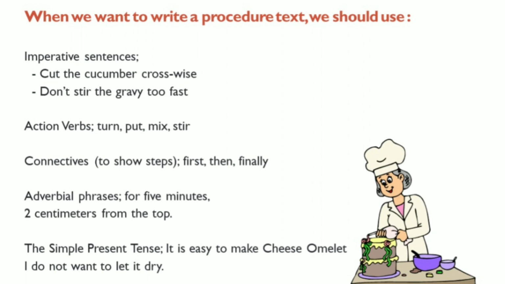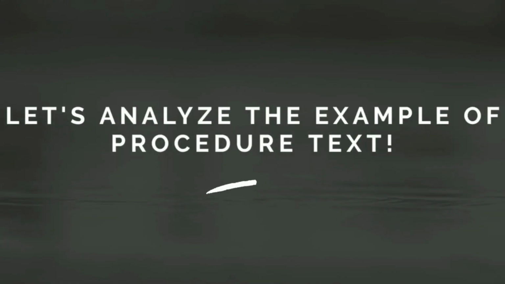Kelima, the simple present tense. Contohnya, it is easy to make cheese omelette. I do not want to let it dry. The simple present tense adalah kalimat yang menggunakan to be am or is dan pada kalimat menggunakan kata kerja bentuk pertama.